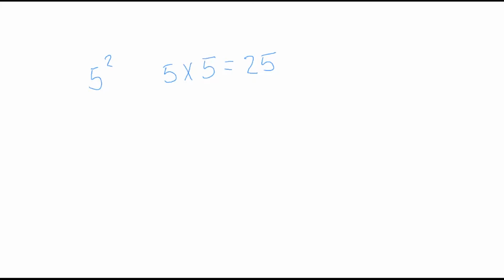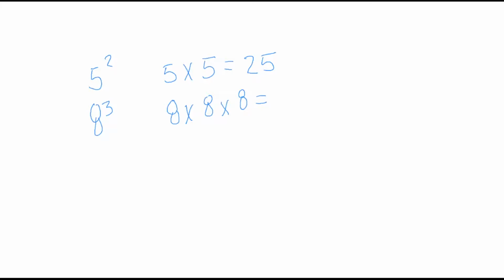Let's look at another one. If a number is cubed, or the exponent is 3, it means that it is raised to the third power. So 8 to the third power is 8 times 8 times 8.